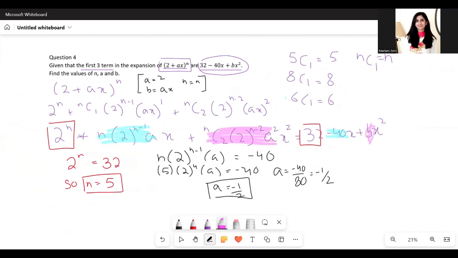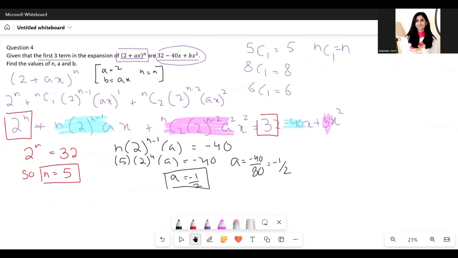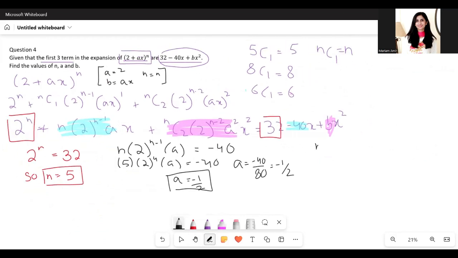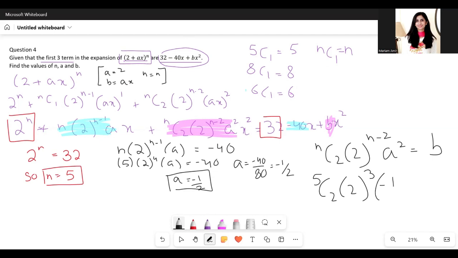On the other side, it's just B. So that means that NC2 times 2 power N minus 2 times A squared should be equals to B. So N was 5, 5C2 times 2 power 5 minus 2 is 3, and then A was negative half squared. Enter this in your calculator carefully and you should get the value of B, which comes out to be 20. So B is 20. So we have the values of A, B, C.